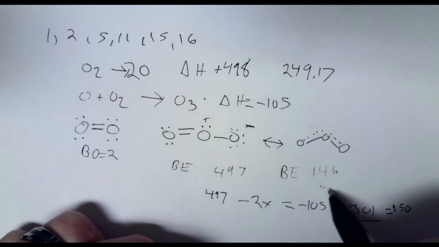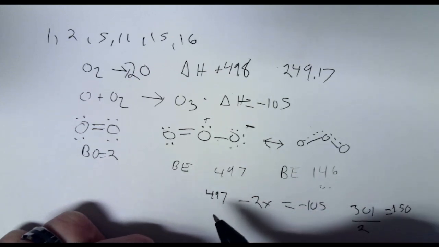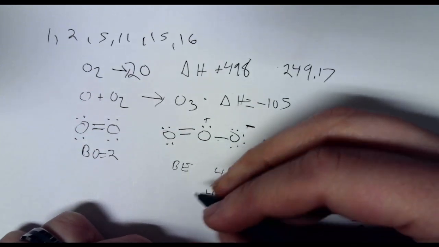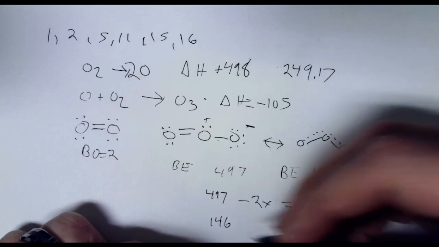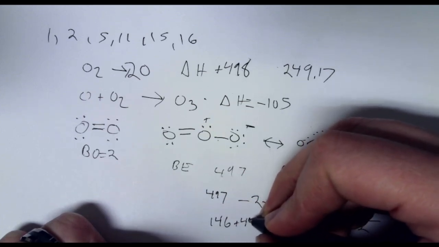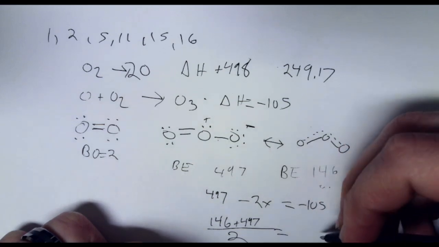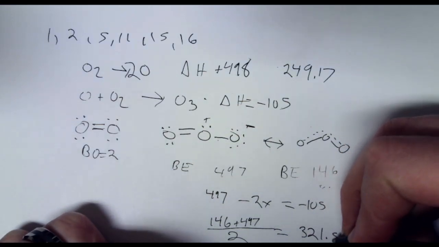But if we average 146 and 497, adding our 146 single bond and our 497 double bond and dividing by 2, we get an average bond enthalpy of 321.5.